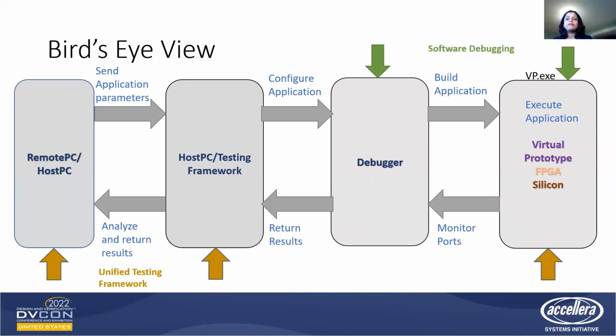Now, software debuggers are very useful tools. Application debug is very easy with a virtual prototype while it interacts with a debugger. The virtual prototype executable can be launched in a wait or debug mode, and a debugger can be launched separately to run the application in debug mode.